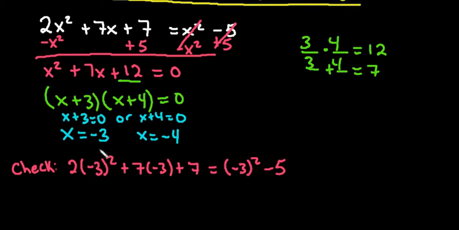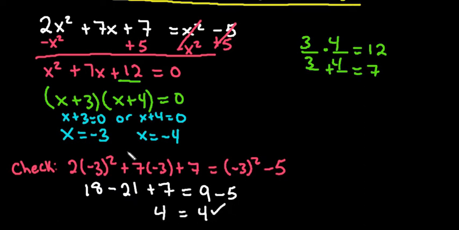If we simplify this part first, -3 squared gives me 9, and 9 times 2 gives me 18, plus 7 times -3, which is negative. So I'm going to do 18 minus 21 plus 7, and I want to see, does that equal 9 minus 5? 18 minus 21 gives me -3, and -3 plus 7 gives me 4, and 9 minus 5 also gives me 4, so we can see that the -3 does indeed work.